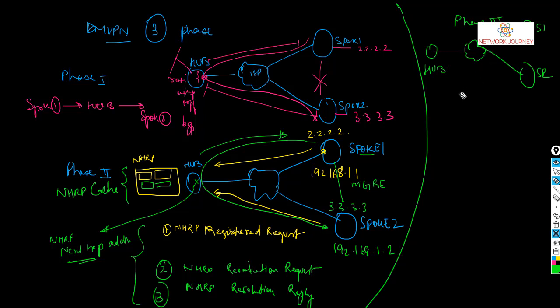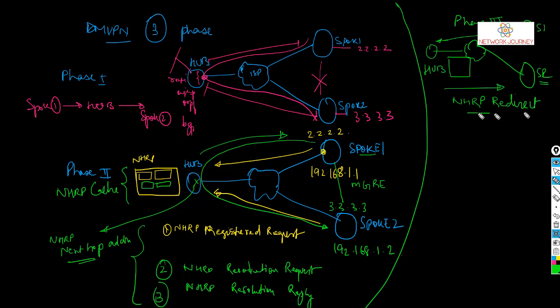If S1 wants to communicate to S2, as usual, since they don't have a direct tunnel, the request comes to the hub. The hub will check its routing table and see the request is for a different destination. It's not going to bother about the public IP of that. Instead, it's going to send an NHRP redirect packet.